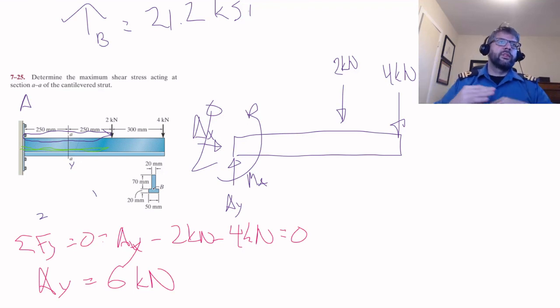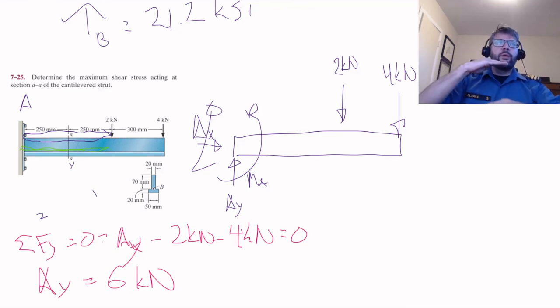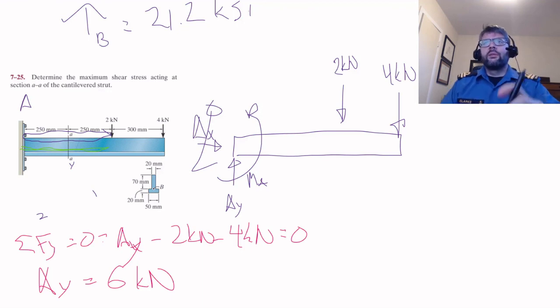If we're worried about maximum bending stress, we're worried about what's happening at the ends. Which is why when we're trying to figure out the worst point, we do those separately, and we often don't try to combine the two, because they're not acting at single points on the object.